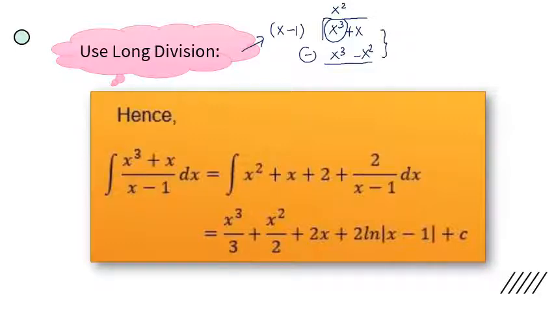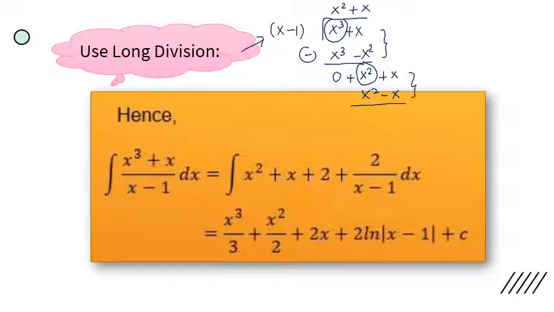Then we take the difference between these two. We cancel out x cubed, and then x squared plus x. Then x squared divided by x, we get plus x. So x times (x minus 1) gives x squared minus x.